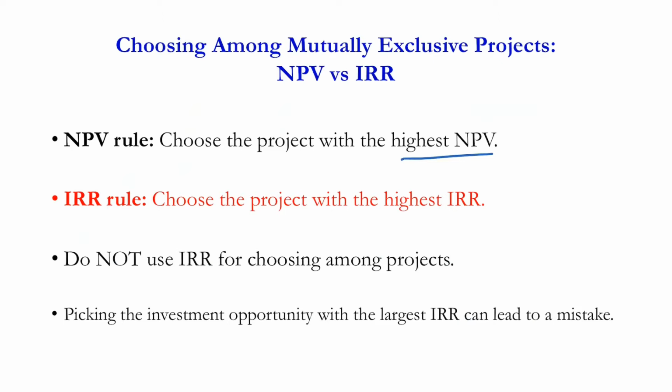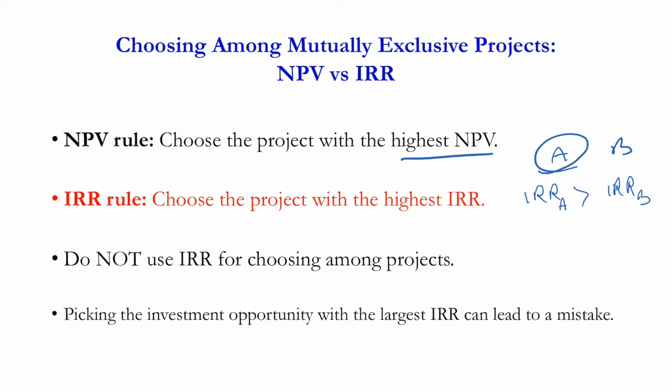So, for example, if we have two projects A and B, and their IRRs are IRR A and IRR B, let's say that IRR A is bigger than the IRR for project B. In this case, the IRR rule says we should pick project A, not project B.